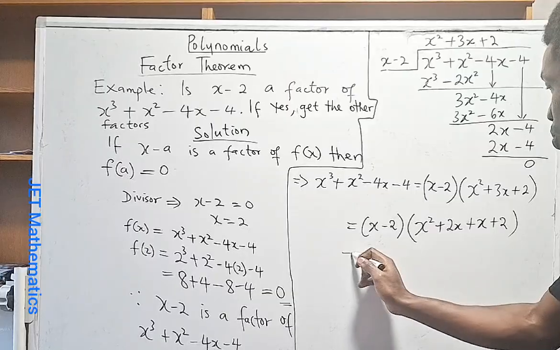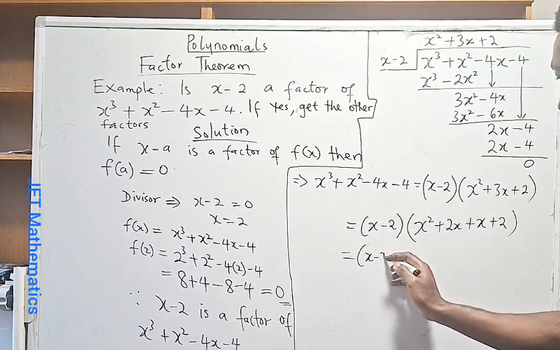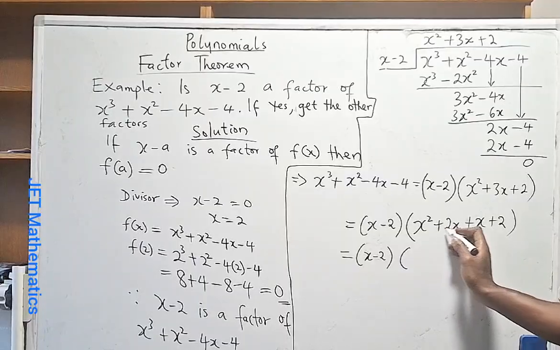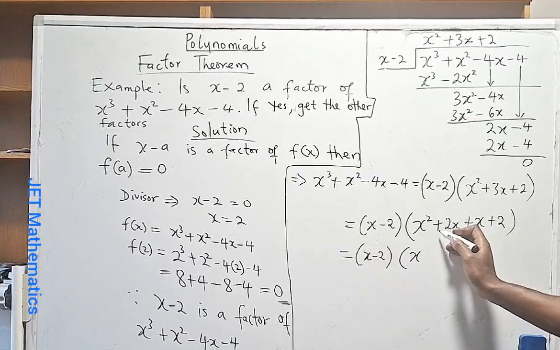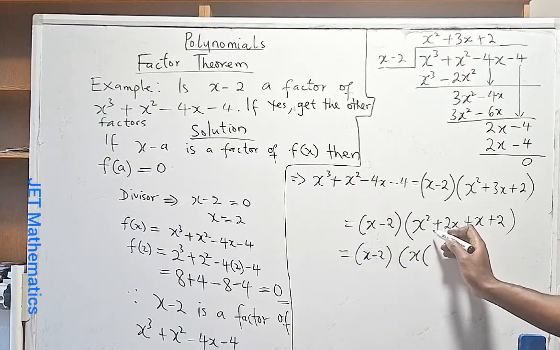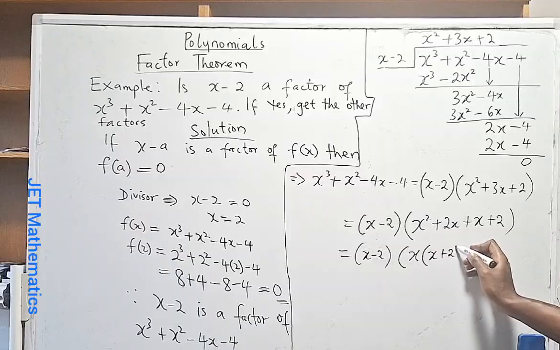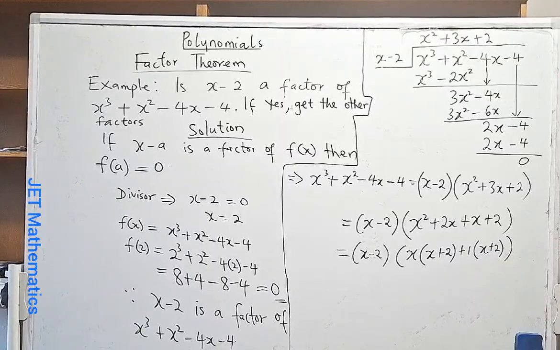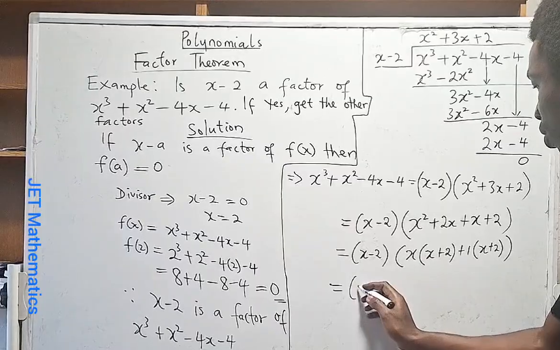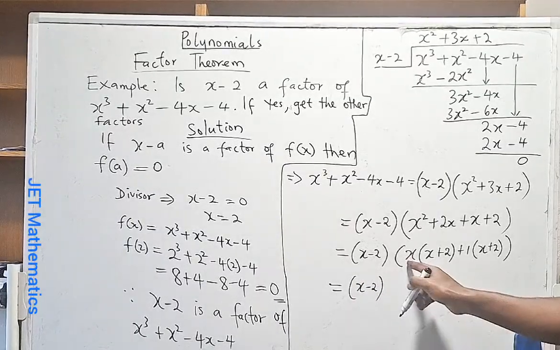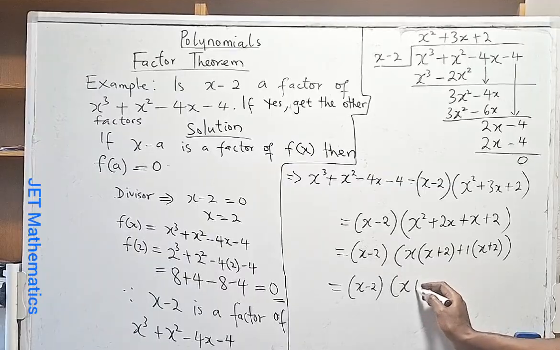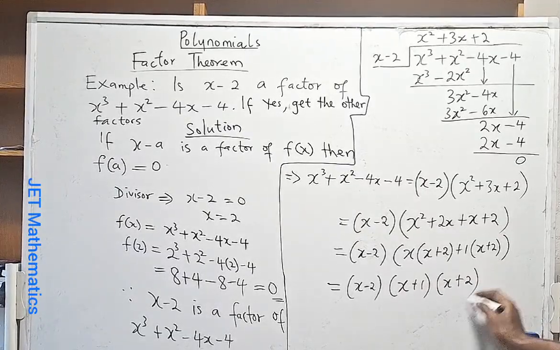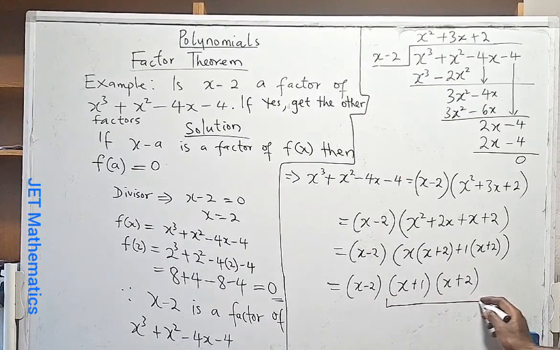Next we continue, we say this becomes x minus 2, and here x is common, so we have x, and then we have x plus 2. Plus 1 is common here, we have x plus 2. So further we have x minus 2, and this gives us x plus 1, and this gives us x plus 2.